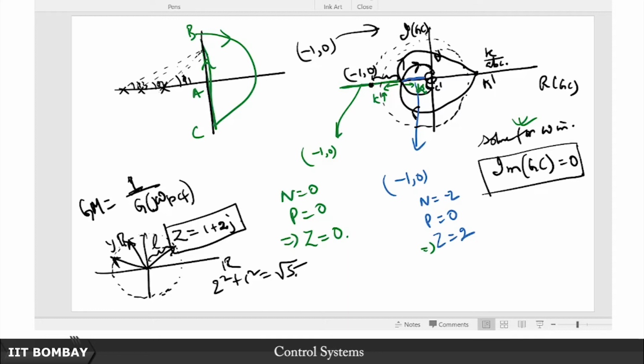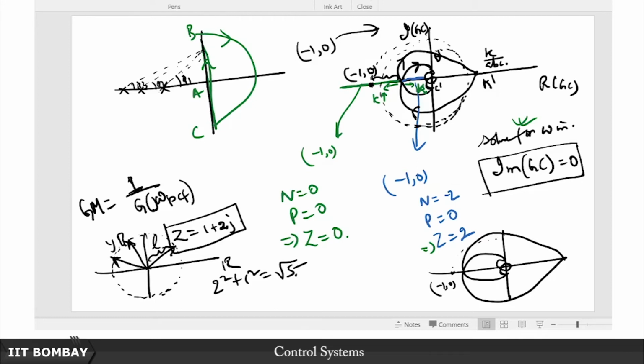So maybe something like this, or maybe if you have chosen a different gain k, then this Nyquist plot would look something like this, and something like this, and let us say this is where your minus 1 comma 0 point is.